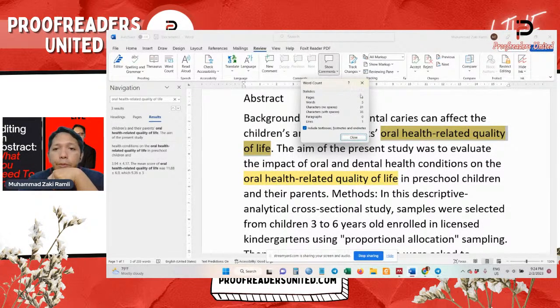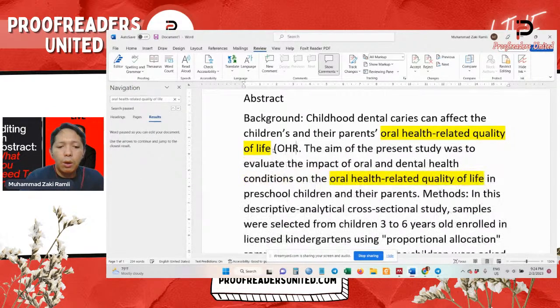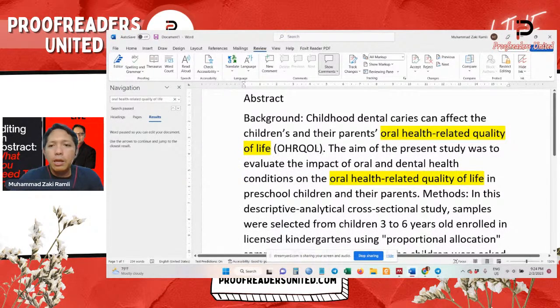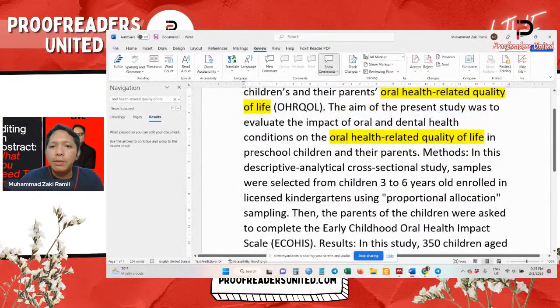5 words already. As a person who is doing research on this topic, I actually know that this phrase can be abbreviated to OHRQoL. So why don't we save a lot of space, or save a lot of quota over here, by not repeating these words up to 3 times.